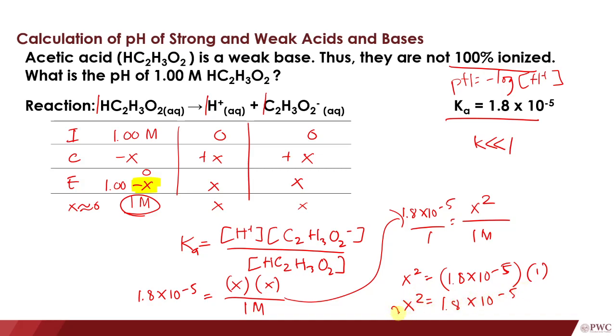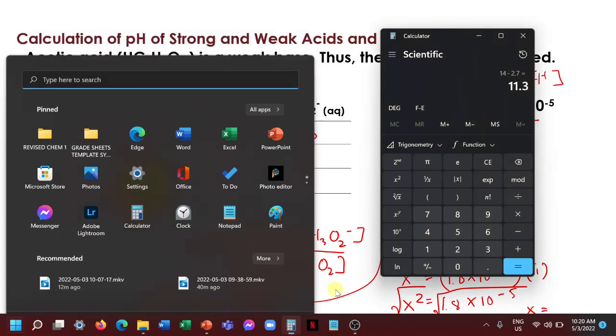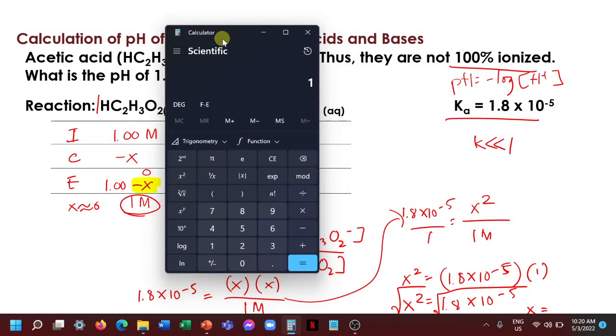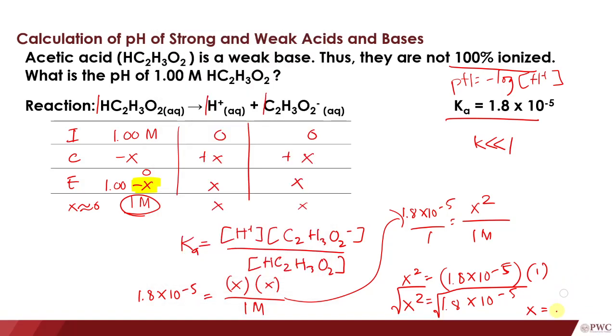And then to find x, find the square root of both sides. That is, x is equal to the square root of 1.8 times 10 to the power of negative 5. Let's get the square root of this, which is equal to 0.0042. So x is equal to 0.0042, and again, this is the value of our H plus concentration.